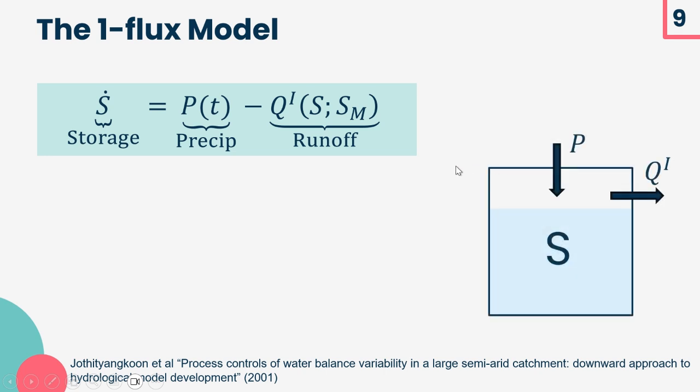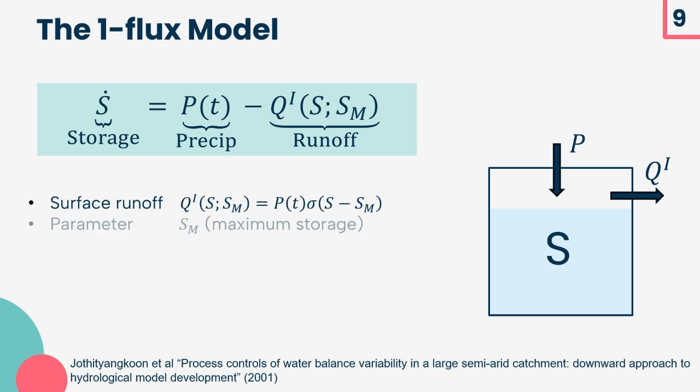And this surface runoff, Q1, is defined to be the precipitation multiplied by an activation, and your SM is the maximum storage, which effectively tries to bound the storage from above. We'll see that this actually isn't the case. It doesn't quite manage to bound it from above, but that's what it intends to do. It intends to produce a level for the rim on your bucket.